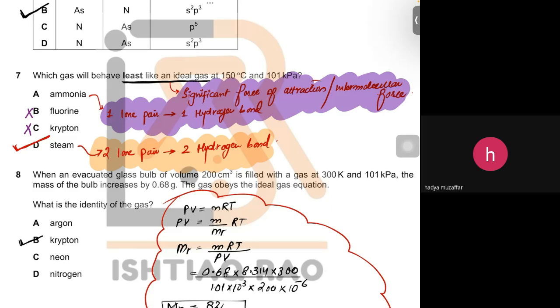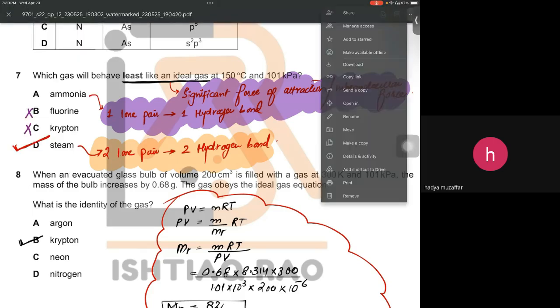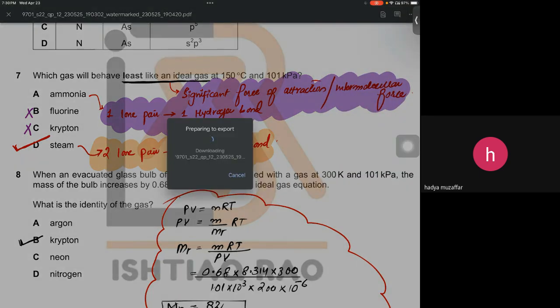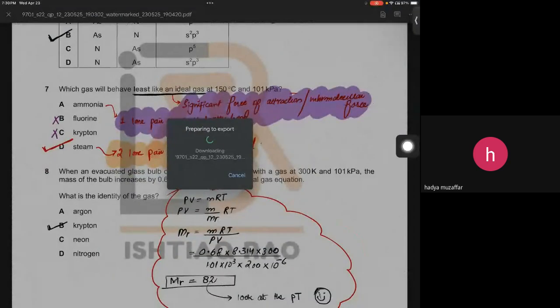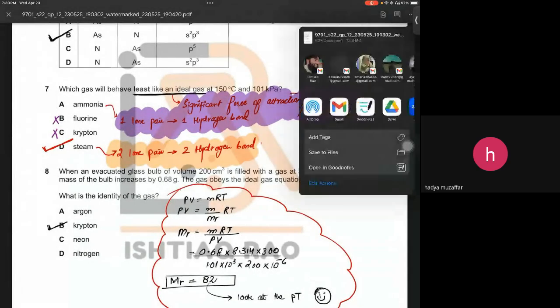Fluorine is a diatomic molecule, and it's non-polar. Generally, if you have a polar molecule, it would have some sort of intermolecular attraction. But if you have a non-polar molecule, it would have attraction, but a weak attraction, remember. So B is also incorrect. Then we have to decide between A and D.